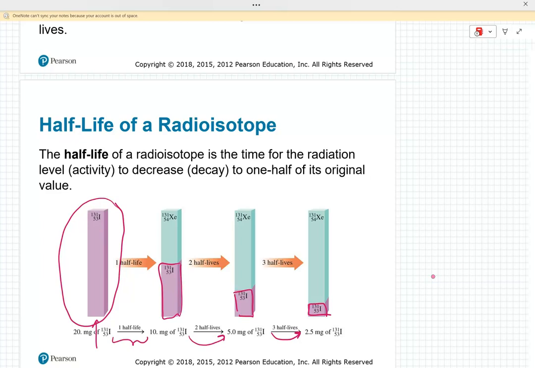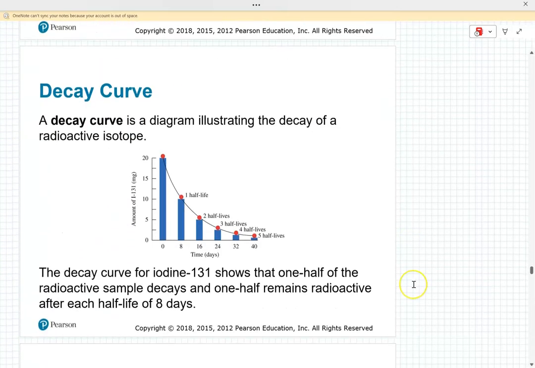Half-life is a constant for every isotope. Okay? In this example, the half-life of iodine-131 is 8 days. It always will be 8 days.